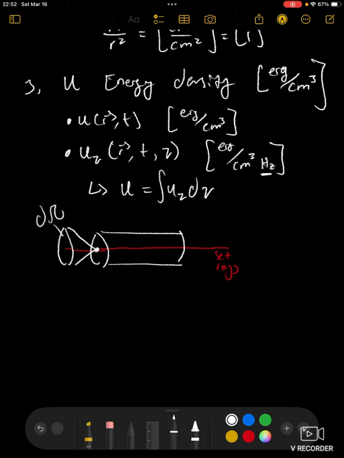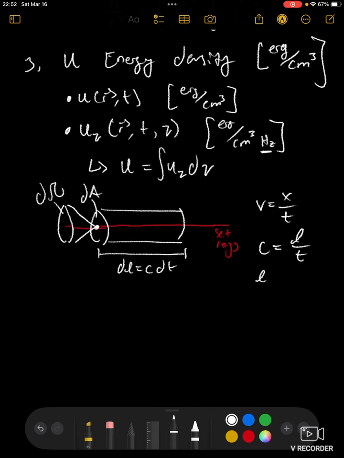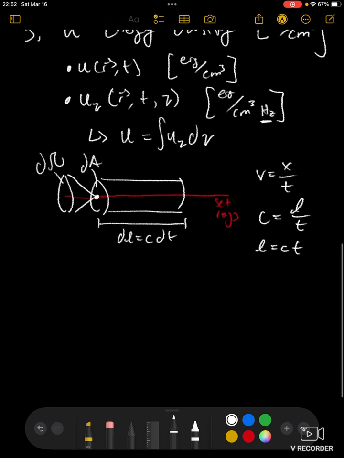So in terms of d nu, dA. And this right here is going to be in terms of dl, which is equal to c dt. And that is just because the velocity is equal to x over t. We're looking at the speed of light because we're looking at photons, and then length is equal to ct, which is why we have that.